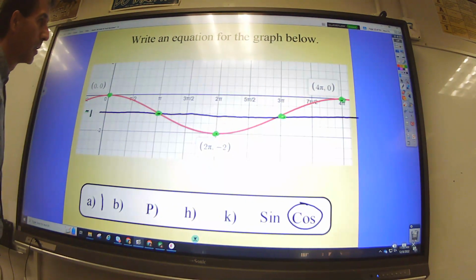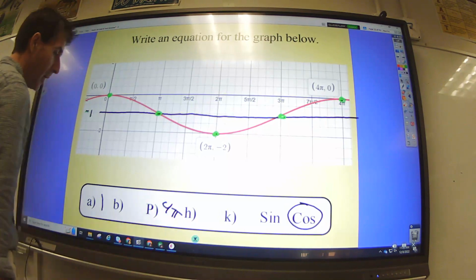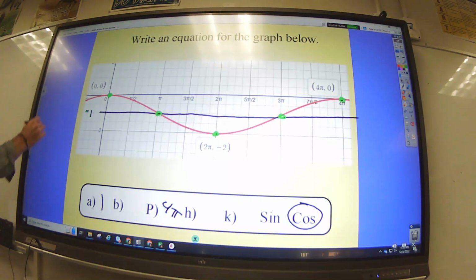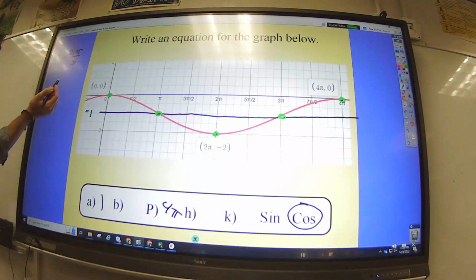My B. Well, let's do the period. 4 pi. Now, if you don't know how to calculate it, remember the period is 2 pi over B. Watch this. I have the period, which is 4 pi equals 2 pi over B. We can use algebra to solve this if you don't know that it's 1/2.